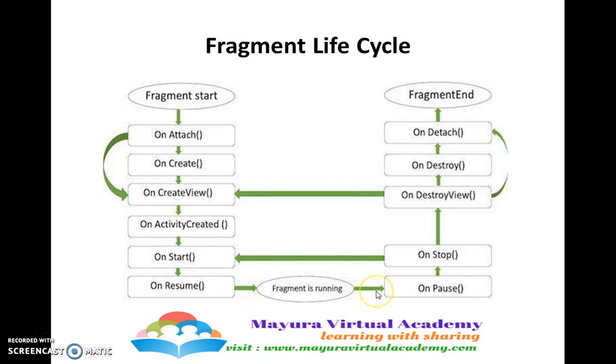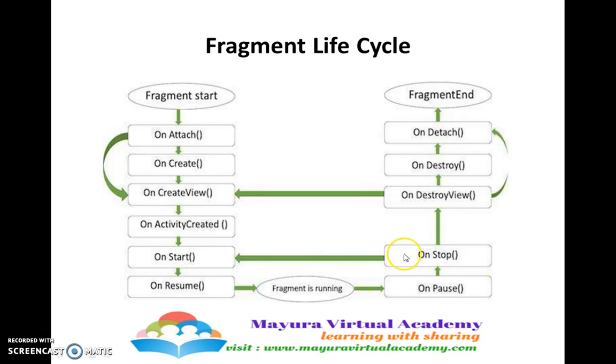Whenever another fragment or another activity launches, the fragment will go into the pause mode, and the other activity or fragment will come into the foreground. In this scenario, most probably we'll be using multiple fragments. Whenever another fragment is launched, the fragment that was present will go into the pause mode, and if the user navigates back, it will come to the foreground once again in the resume.